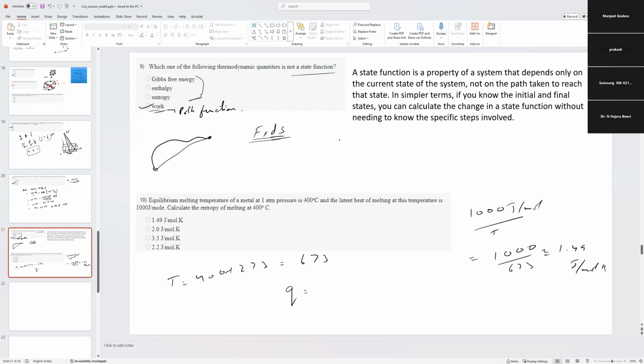Entropy is Q divided by T, where Q is the latent heat.